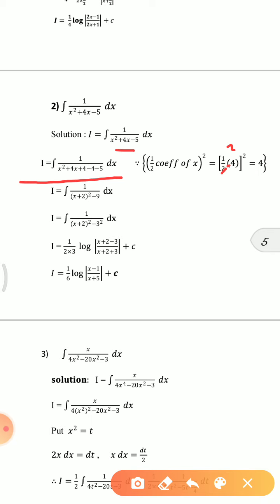That is I is equal to integration of 1 upon x square plus 4x plus 4 minus 4, and then minus 5 as it is, dx.